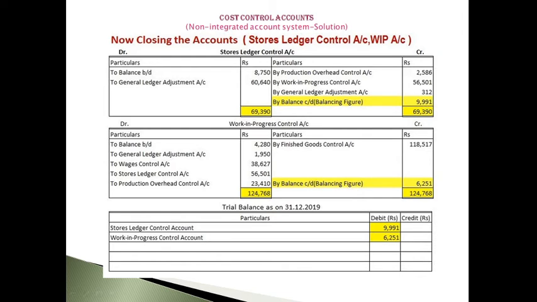It should be transferred to the trial balance as stores ledger control account 9,991. In the same way, in the work in progress control account, the debit side is more, so put it on the credit side, balance c/d 6,251. It is to be put on the trial balance as work in progress control account 6,251.